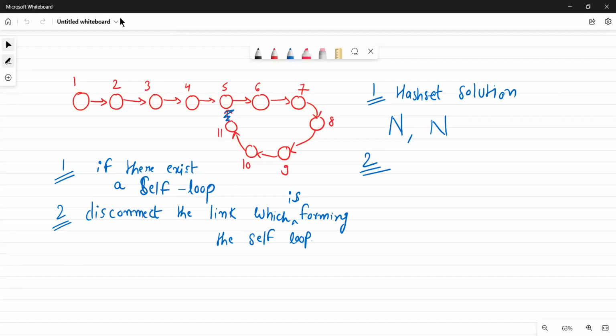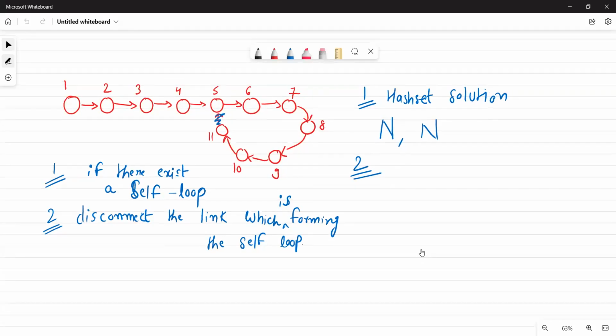Okay, everyone. So let's continue and see. But before that, we will discuss the brute force for this particular problem. Can anyone tell me any brute force, very simple iterative approach, via which we can find out if there exists a self loop in this particular linked list or not?